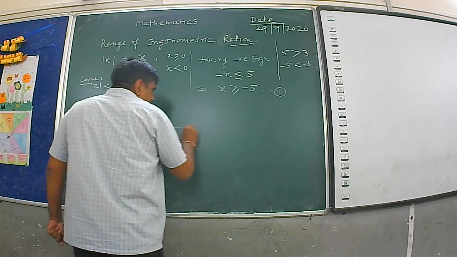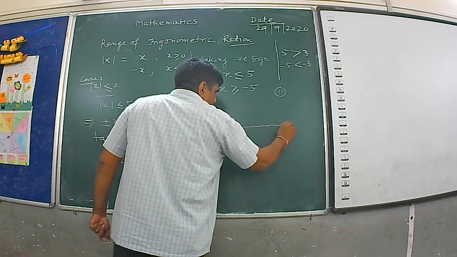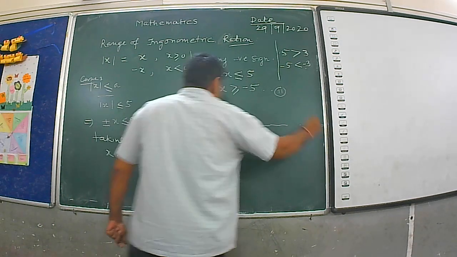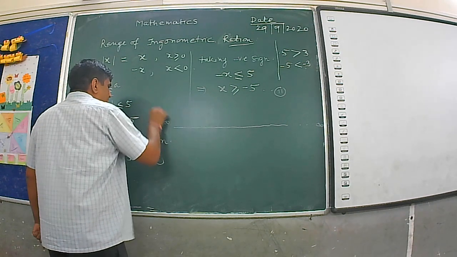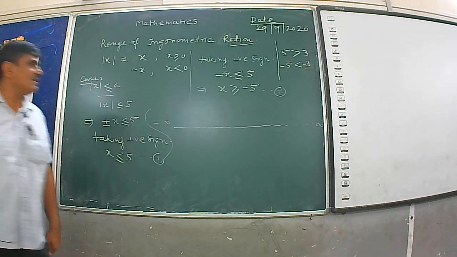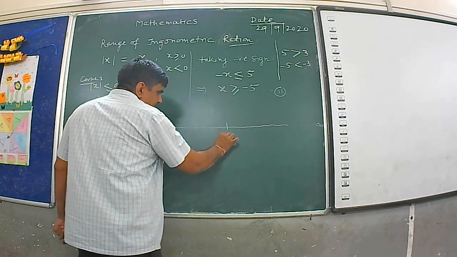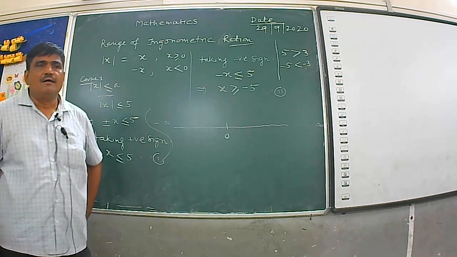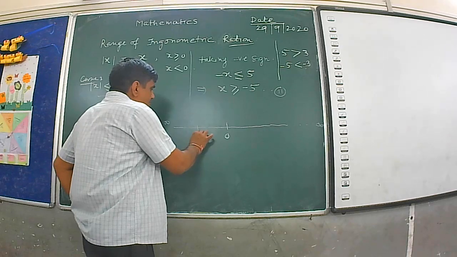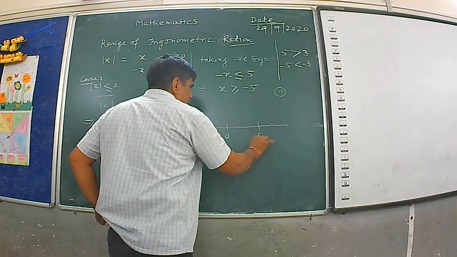We take a line graph. On the right-hand side is plus infinity and on the left side minus infinity. The origin is here, with minus 5 and plus 5.